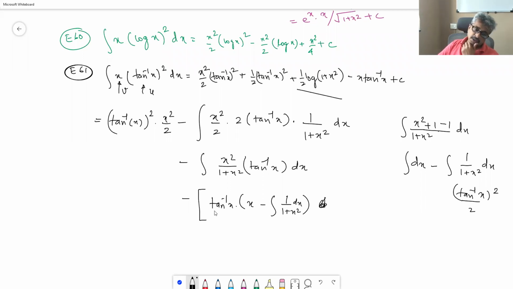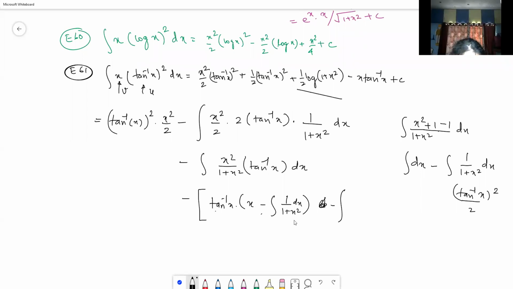Okay. u into integral of v minus integral of v into derivative of u. So that integral 1 upon 1 plus x square dx should be tan inverse x, right?